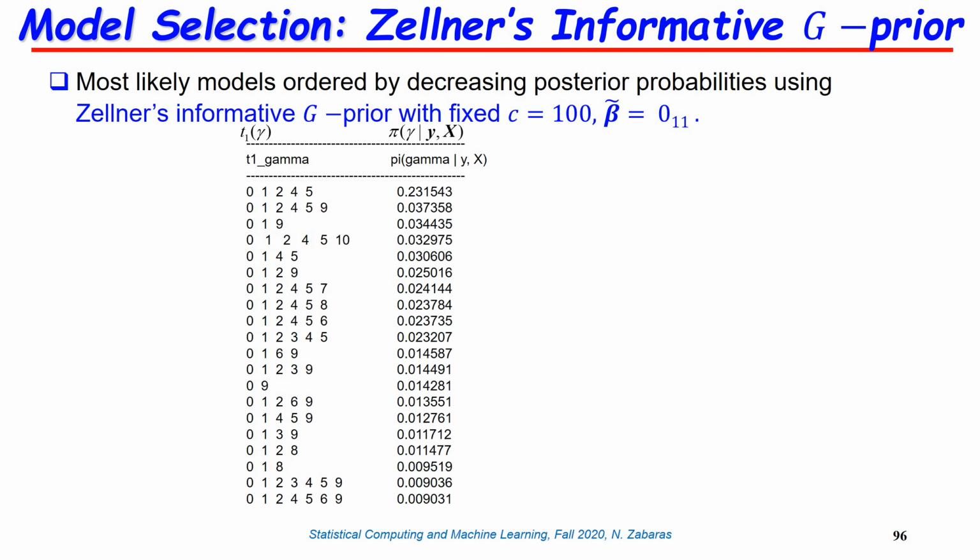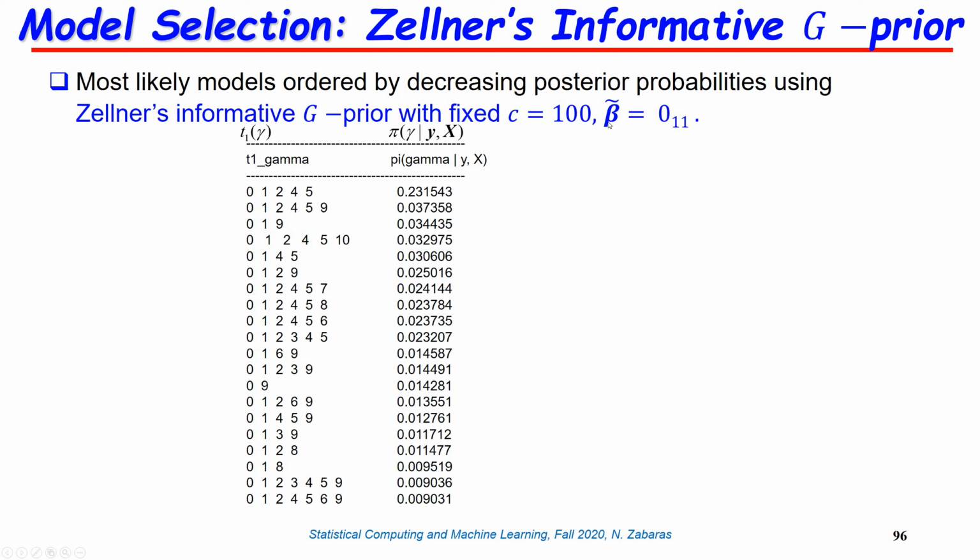Alright, so we have the posterior over models that is proportional to this marginal likelihood. So what I can do is take these 2 to the power 10 models that I have, and I can actually exhaust and go through all the possible calculations and compute this posterior of gamma. So this is what you see in this table.